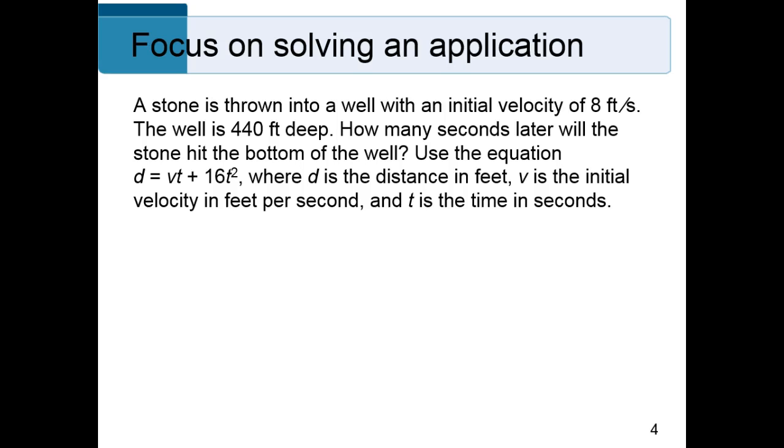What's your D? Let me get my pen set up while you're figuring that out. What's your D? Distance in feet, which is 440. So 440 is equal to, what's your V? Say again? A little louder.